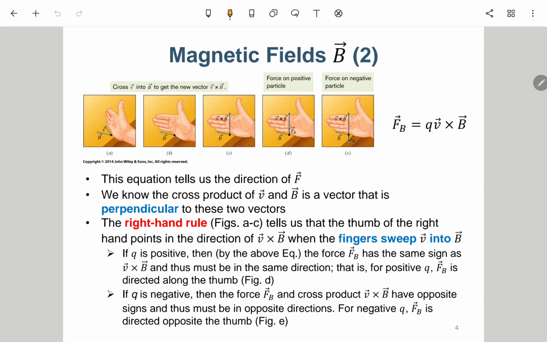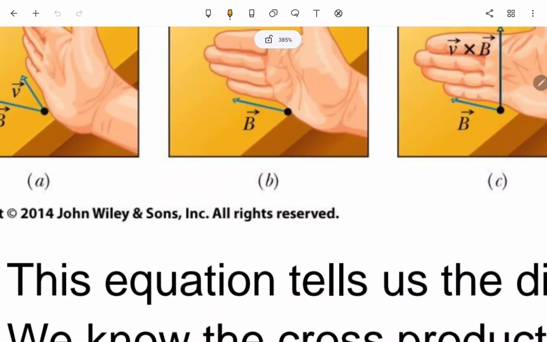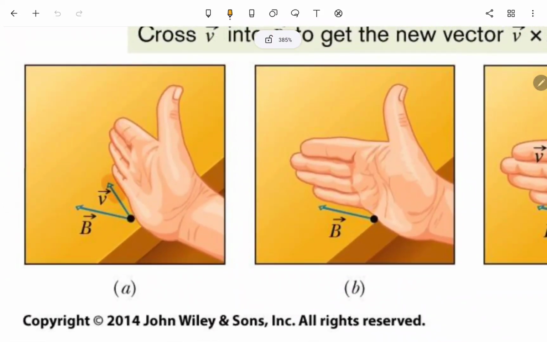If we have a vector v like this and a vector B like this, first take out your right hand. The order of the cross product is important. v cross B and B cross v are different, with a negative sign in between.